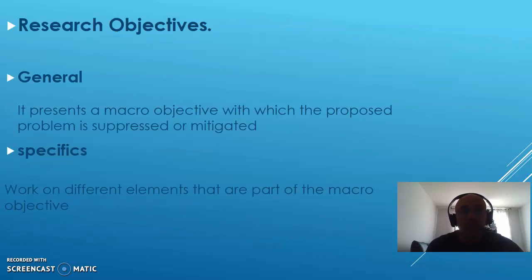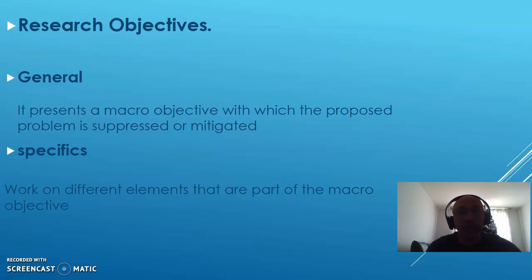The research objectives belong to chapter number one, and the objectives are general and specific. The general objective presents a macro objective related to the proposed problem in order to mitigate the problem.